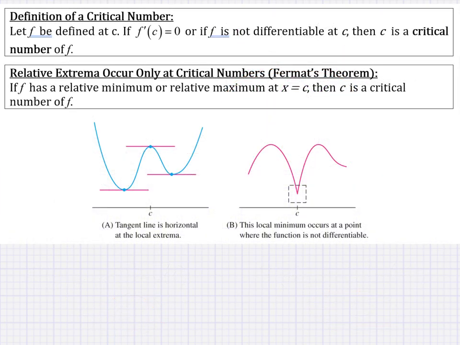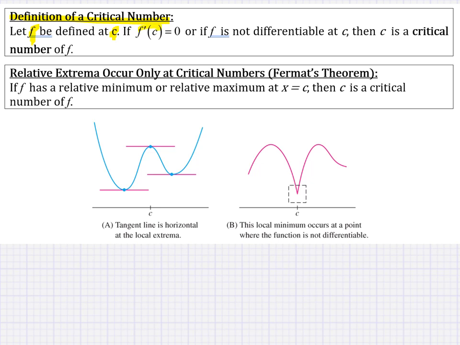So that brings us to this definition of a critical number, or what we also call a critical value. Looking at this definition, it says, let some function f be defined at c. So that means the function exists at c. You can plug c into the function.